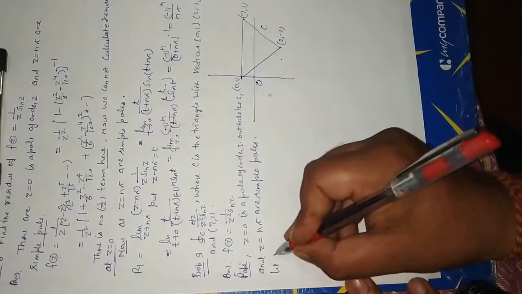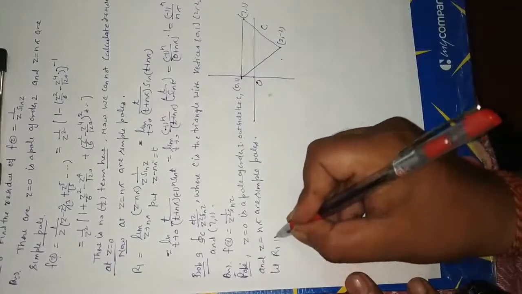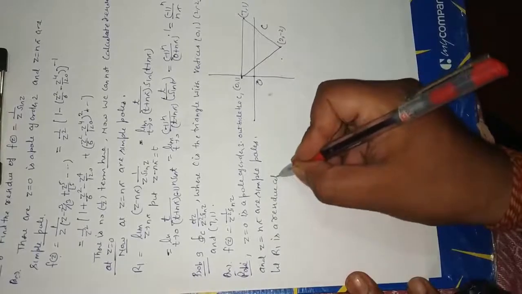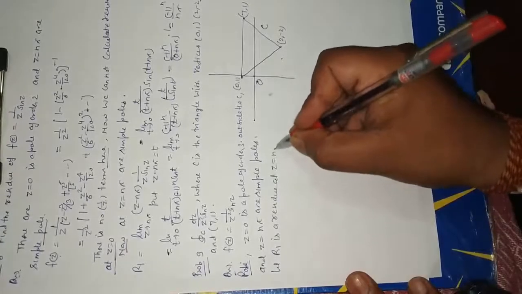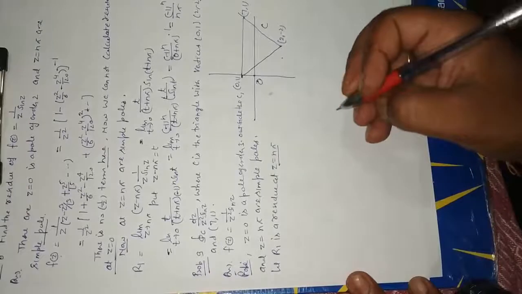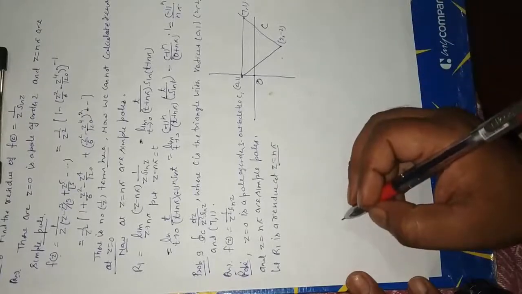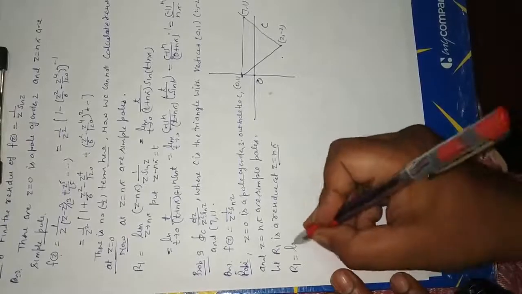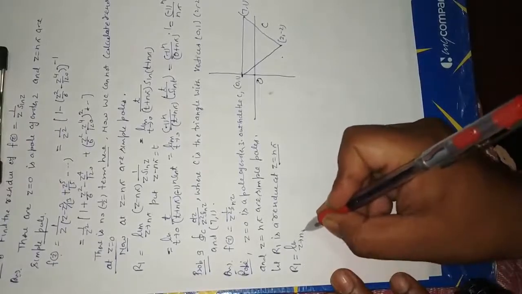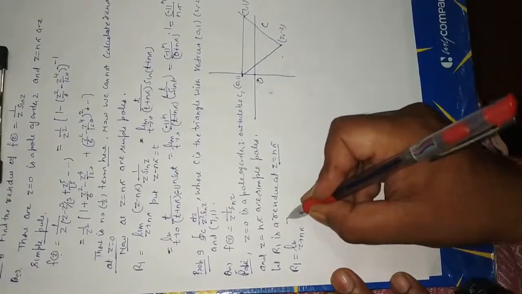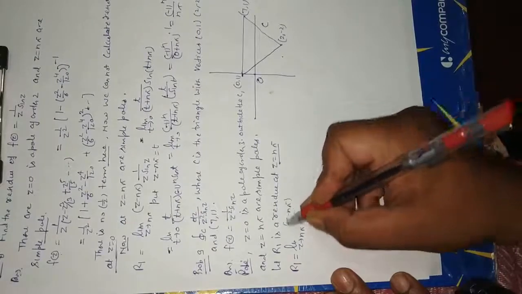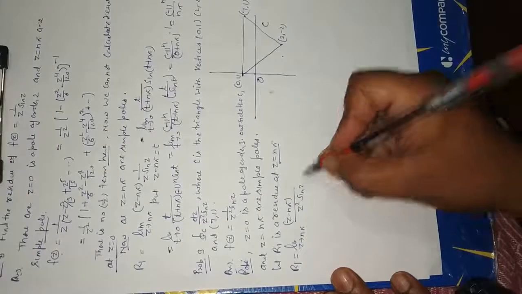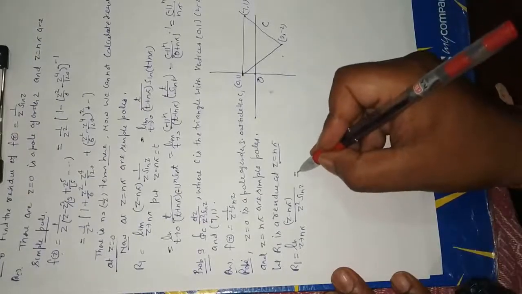Let R1 be the residue at z is equal to n pi. Now R1 is equal to limit z tending to n pi, z minus n pi into the function 1 upon z square sin z.